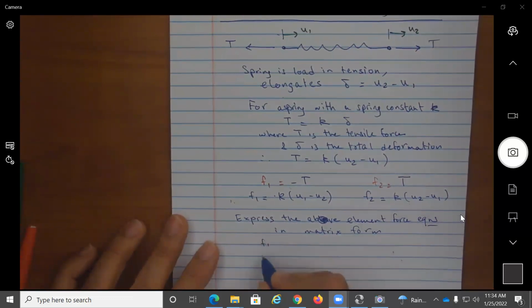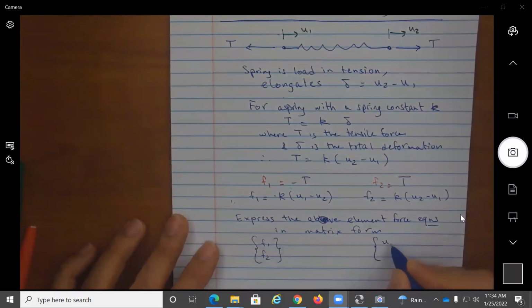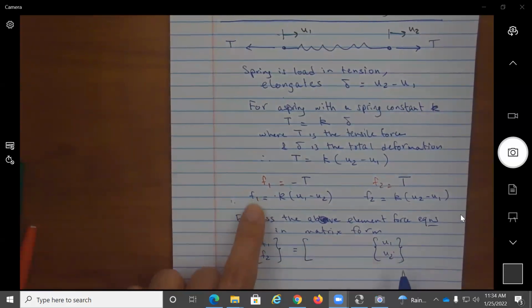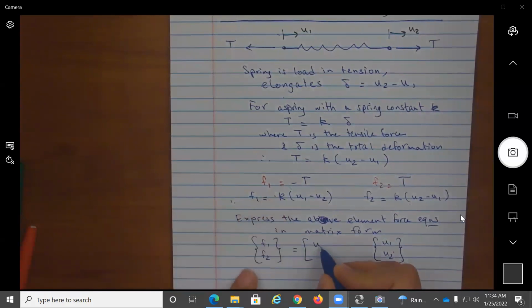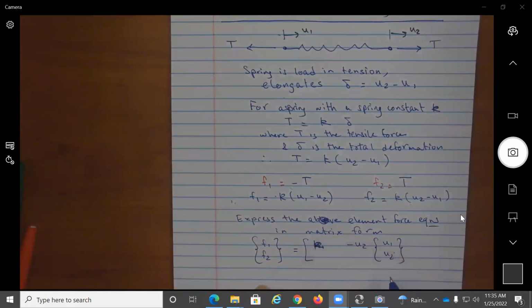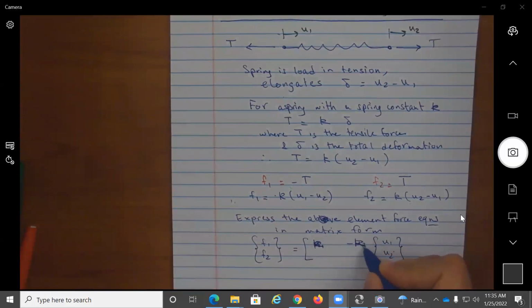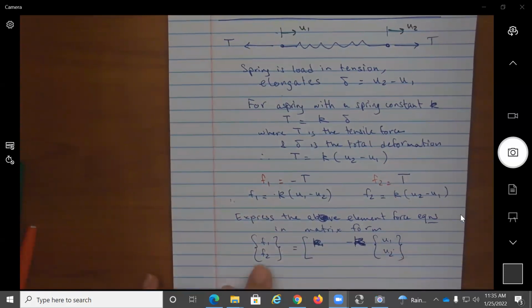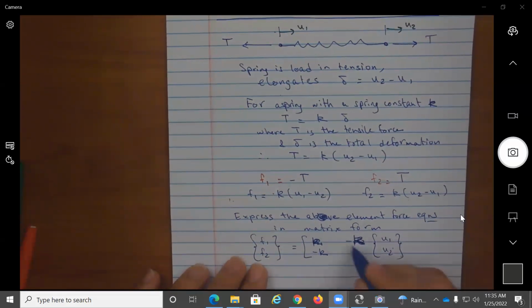This would be F1, F2 as they relate to U1, U2. For the first equation, I have a U1 times K minus a U2. Oops, sorry. This is a K. So K times U1 minus a K times U2. For the second equation, I have a minus K U1 plus a K U2.